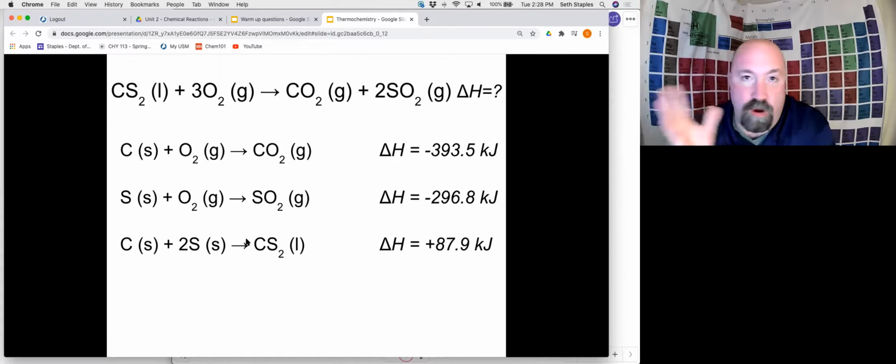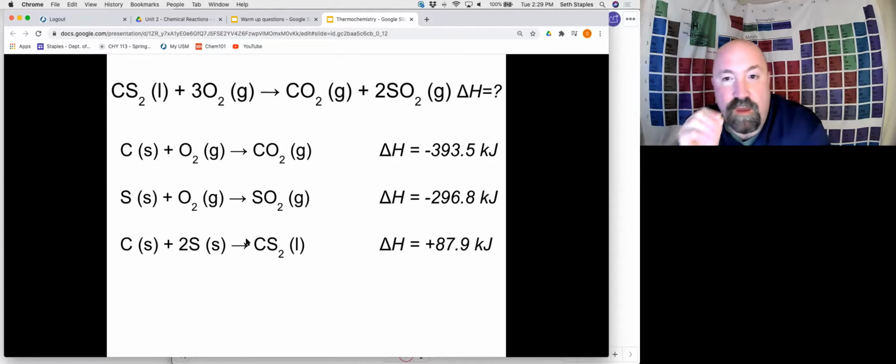Remember that whatever you do to an equation, you have to do the same thing to the enthalpy value. If you flip an equation, you've got to reverse the enthalpy value. If you double an equation or even cut an equation in half, then you have to do that same thing to the enthalpy value. And so go through these, see what you can do.